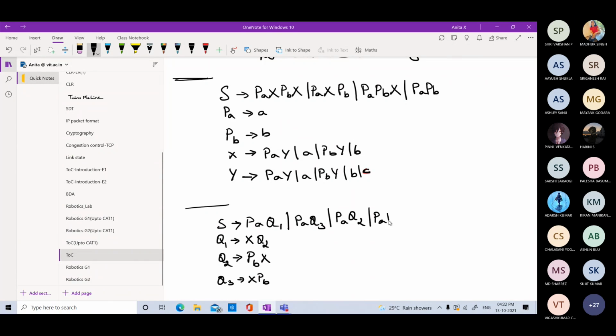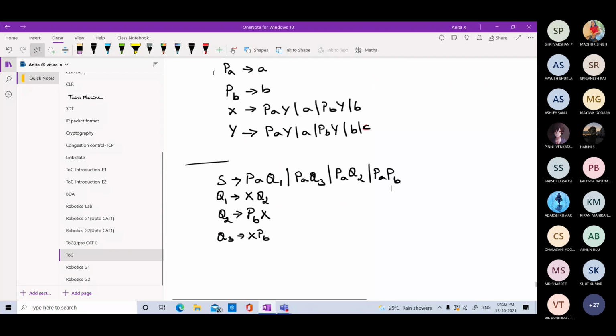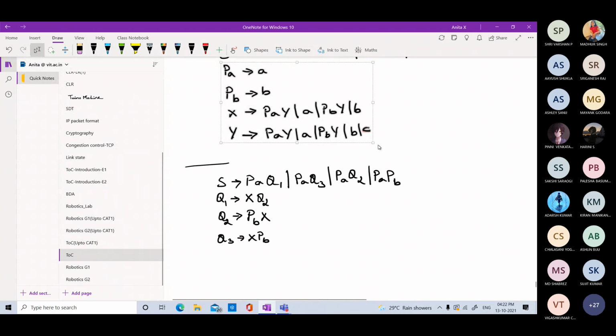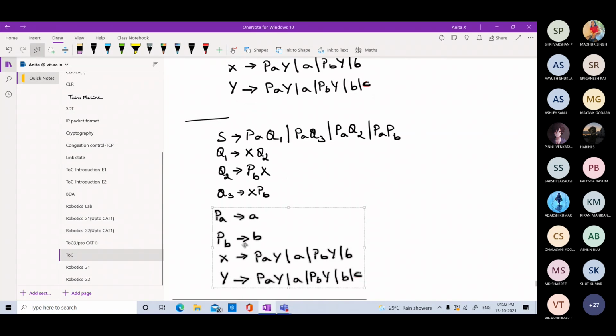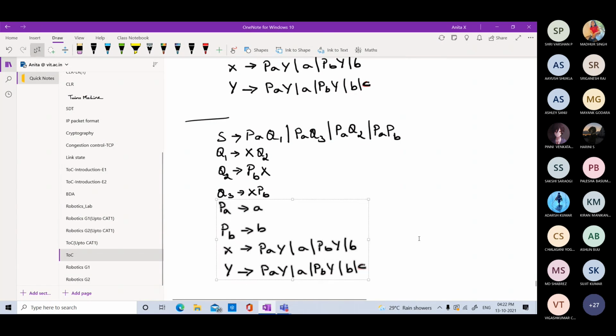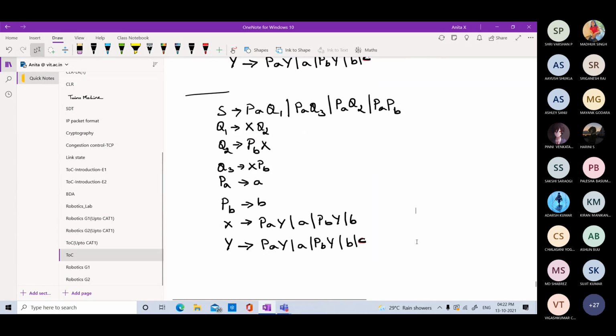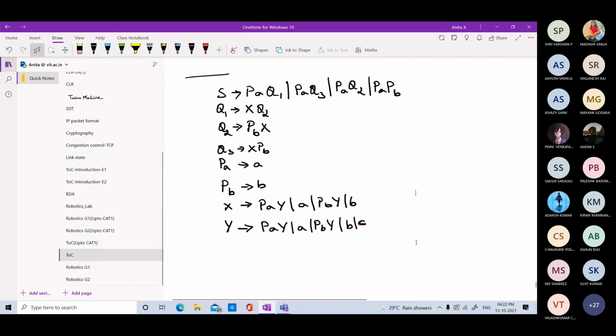I think the rest of the productions are okay, right? There is no deviation. That's it with the Chomsky normal form. Okay.